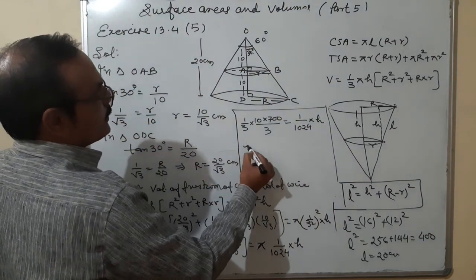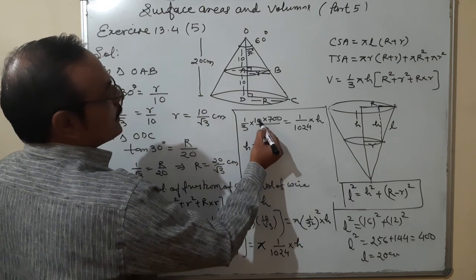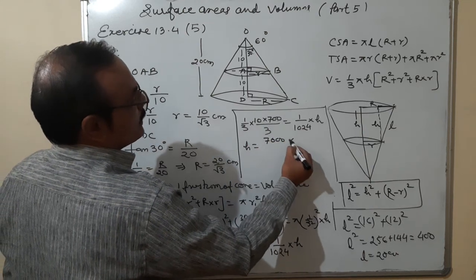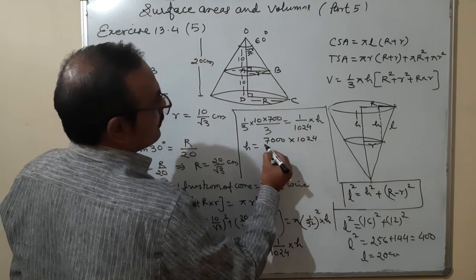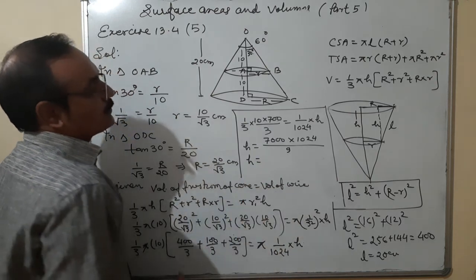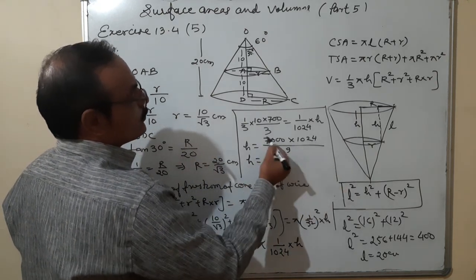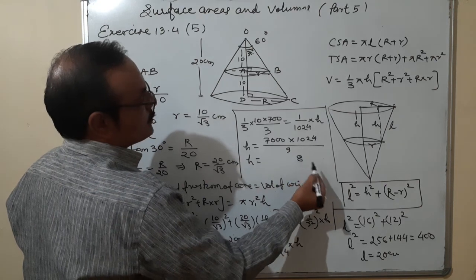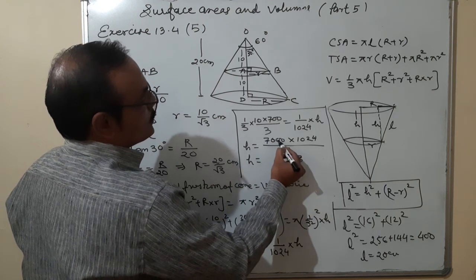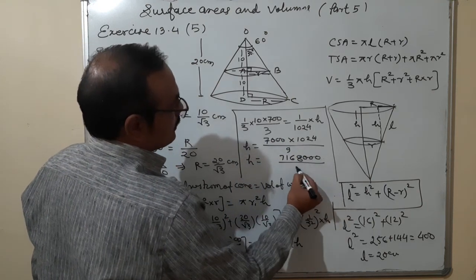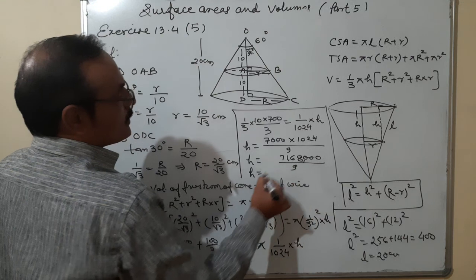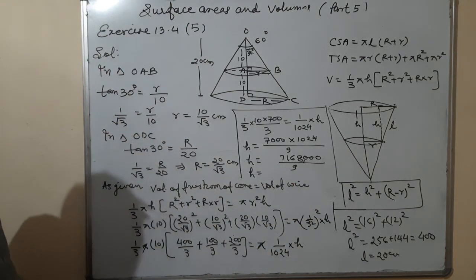Therefore the value of h is equal to 700 multiplied by 10, which is 7,000, multiplied by 1024, upon 3 threes are 9. So h is equal to 1024 multiplied by 7: 7 fours are 28, 7 twos are 14, 7 ones are 7, giving 7168, so 7168000 upon 9.